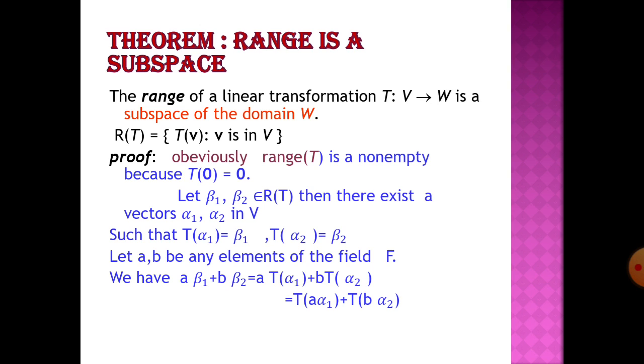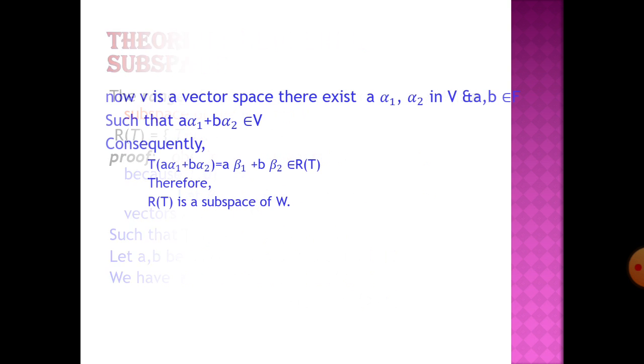Let me take two elements from the field, a and b. We have the linear combination a beta 1 plus b beta 2, which is equal to a times T of alpha 1 plus b times T of alpha 2, applying the values of beta 1 and beta 2. Again using the definition of linear transformation, this is equal to T of a alpha 1 plus b alpha 2.